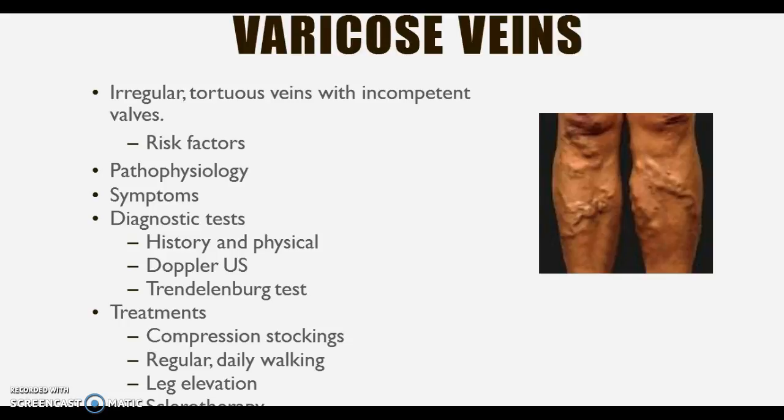Treatment again is compression stockings. These are more than just the TED hose. These are specially measured and applied, and they start with a compression of about 20 millimeters of mercury at the foot or at the toes, and then the compression increases as it goes upward to about 70 or 80 millimeters of mercury at the thigh.